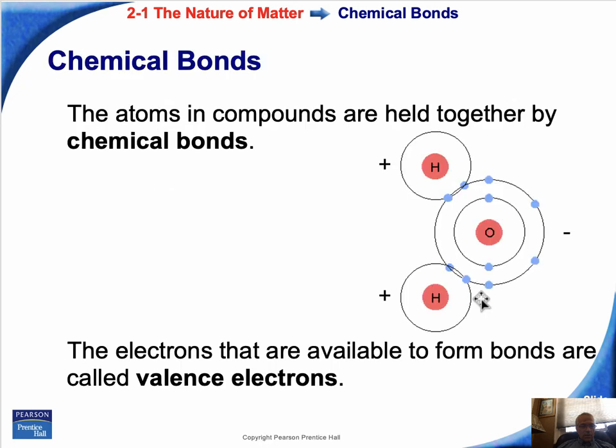All right, chemical bonds are what hold compounds together, and there are 2 types of chemical bonds, covalent and ionic. But in both of those cases, the bonding is because there are interactions between atoms with the electrons on the outermost part of the atom. The electrons that are on the far outside of an atom are sort of the face of the atom.